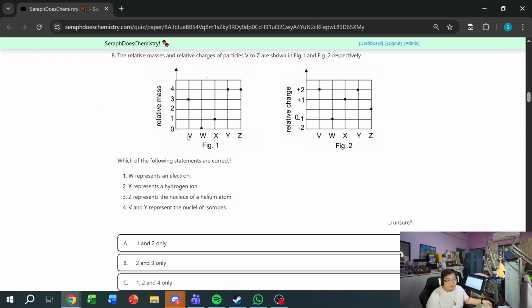Relative mass, V, W, X, Y. So mass is, relative charge is 2, 1, 1, 2. This is 0. Okay, this is 0, 1, 2, -1, plus 2. Okay, interesting.